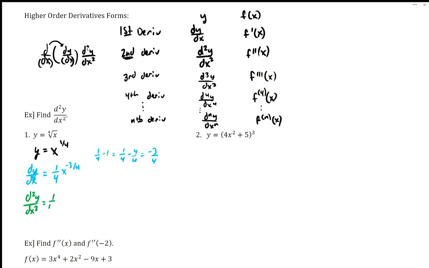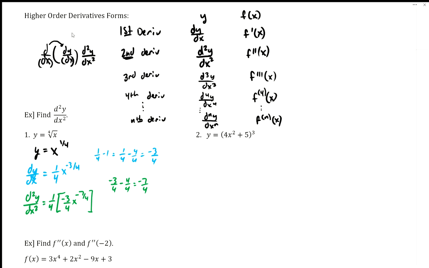That 1/4 is just hanging out, and the -3/4 comes down and multiplies. Then we subtract 1 from the power. Again, a little scratch work: -3/4 minus 1, or 4/4, would be -7/4. That should be the new power there. That is the second derivative in green.